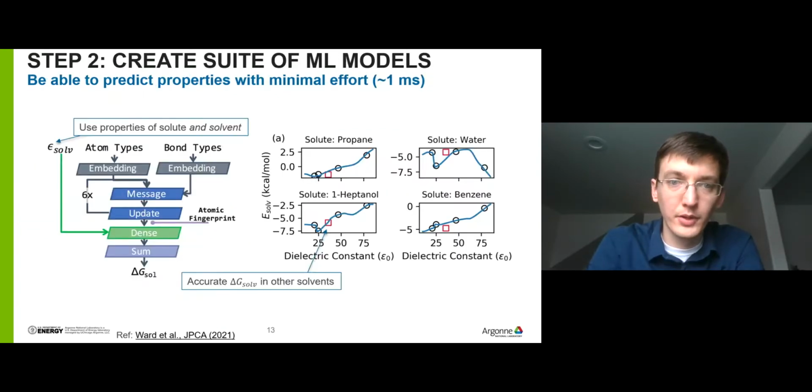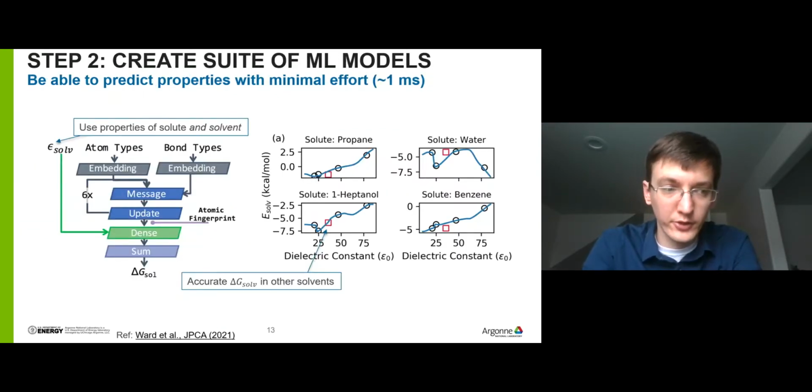Our next step was to build up a suite of predictive models, and I'll talk about just one of them for today. We built a model that predicts the solvation energy given only the molecular structure. Here we use message passing networks, which are a very common kind of deep learning model, which works like this. I first take my molecule and break it down into atoms and bonds that I can enumerate based on their types.